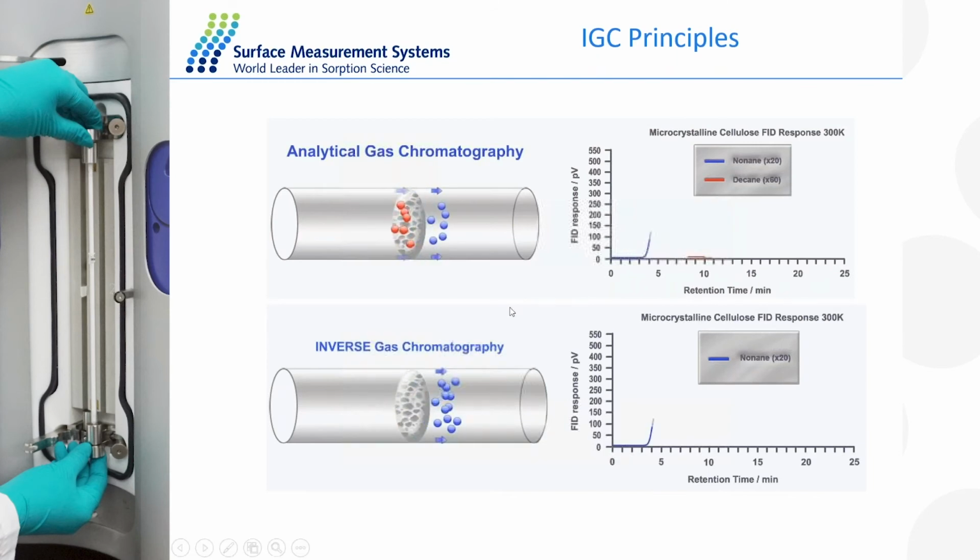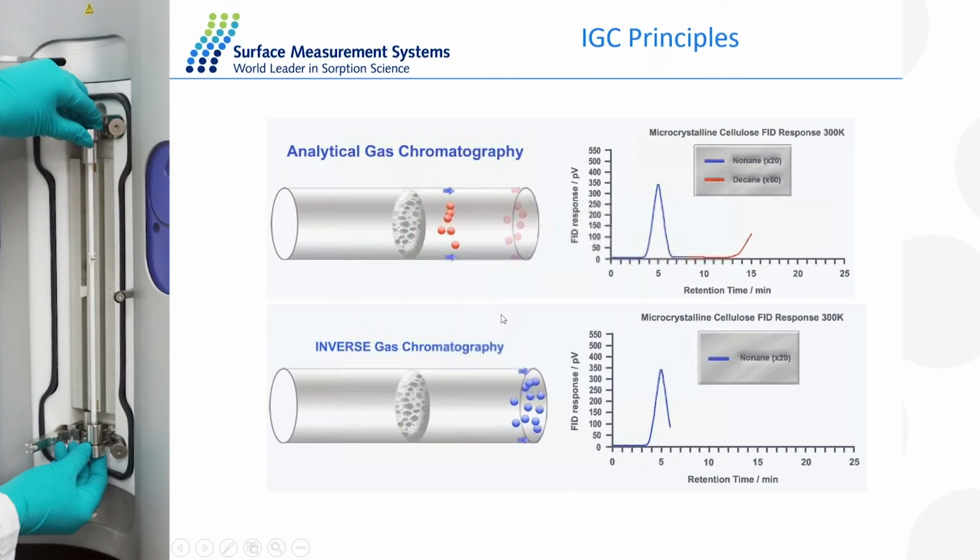Comparing to traditional analytical gas chromatography, this is where we have an unknown mixture of gas vapors in a known column, and by interacting with the column, we can separate out the vapors and obtain different retention times for each vapor injected.